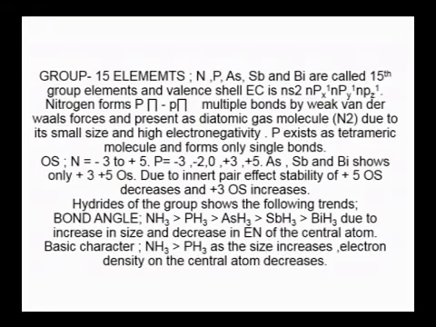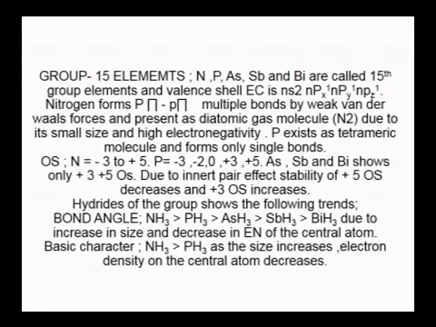Likewise, phosphorus has the following oxidation states: -3, -2, 0, +3, +5. Arsenic, antimony and bismuth show only 2 oxidation states, +3 and +5.